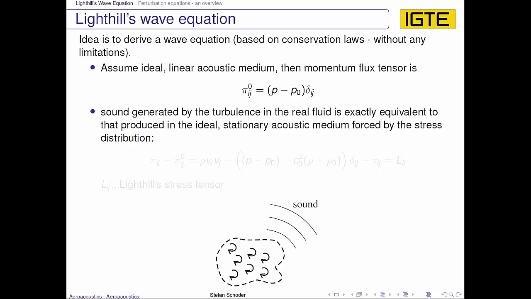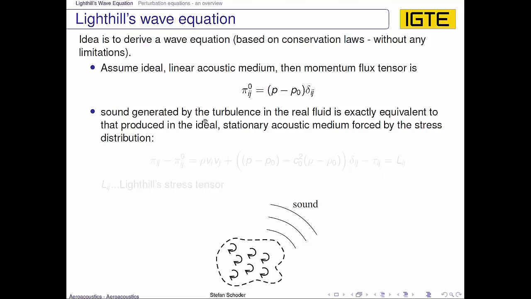Now the idea is we would like to compute sound which is generated by some kind of body of vortical structures, turbulence structures, some other fluctuations like density fluctuations, or simply some viscous stress distribution.